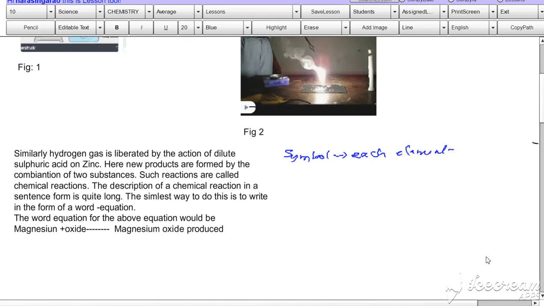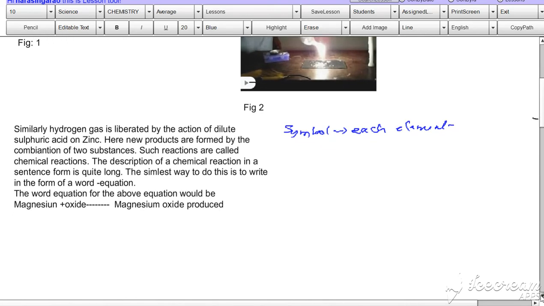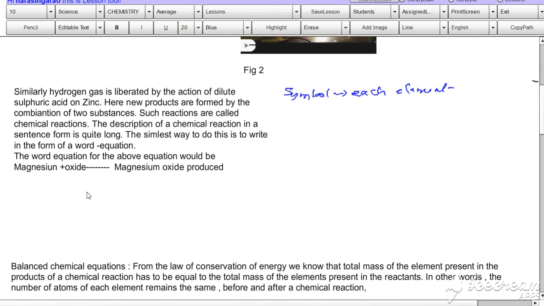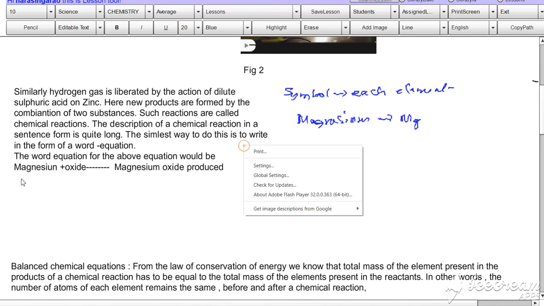In this case, for magnesium, the symbol is Mg, capital M and small g.